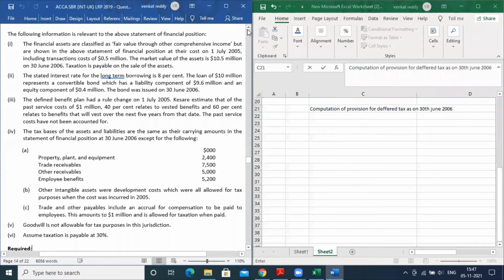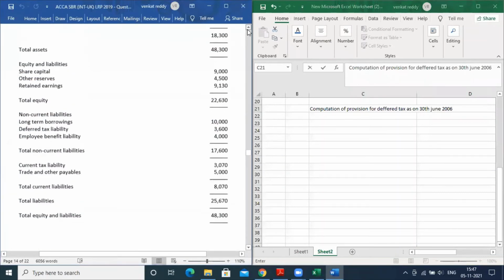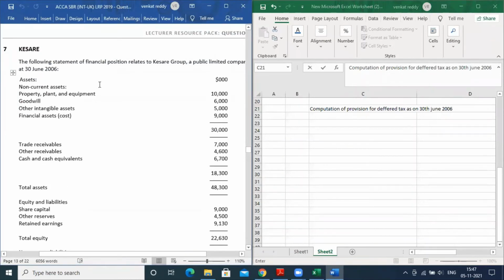So first we try to see what is the value of asset as per accounting base. We'll start with non-current assets. So under non-current assets, the first asset is property, plant and equipment.